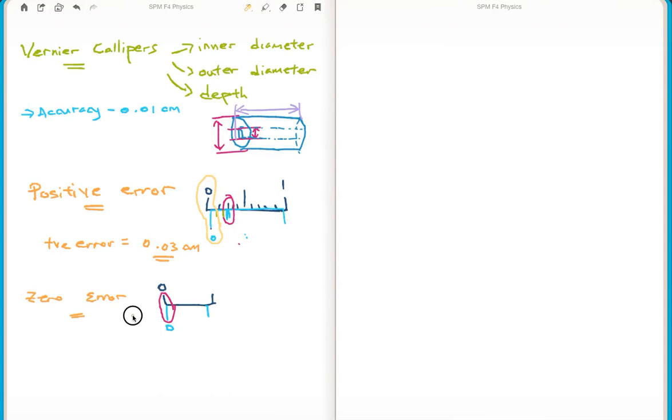Okay, so positive, negative, and first zero, then the next one will be called the negative error. However, for the Vernier scale, the major scale, the zero of the Vernier scale is somewhere behind it.